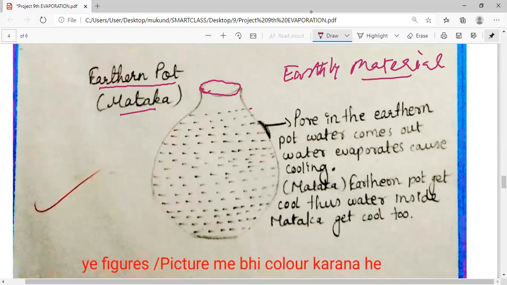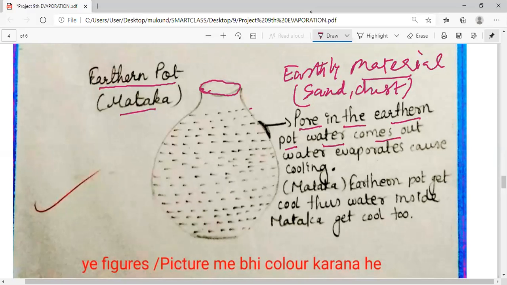This matka has got very small pores, or you can say it is made from sand and dust. So when matka is produced, there are small pores in the earthen pot.